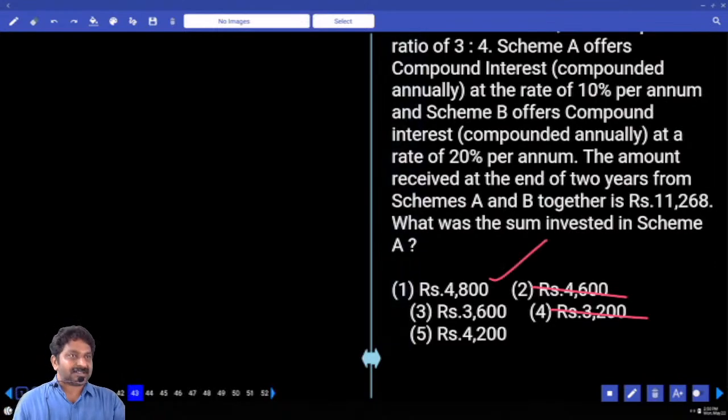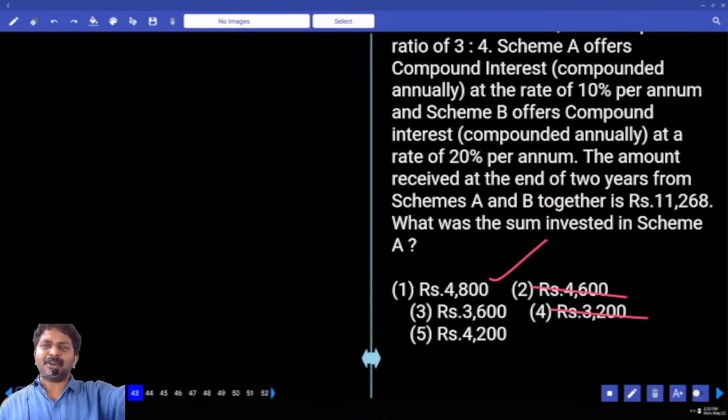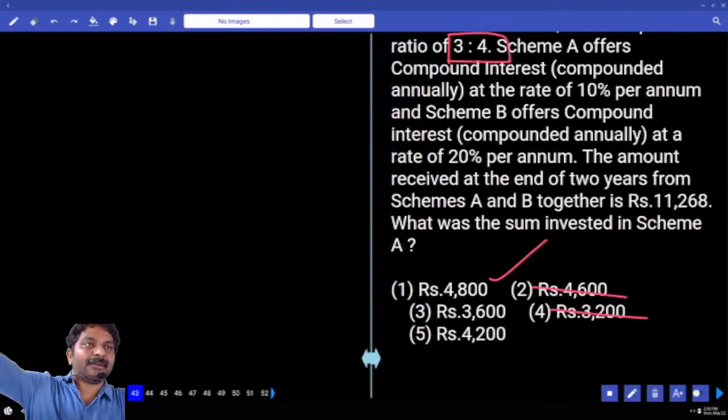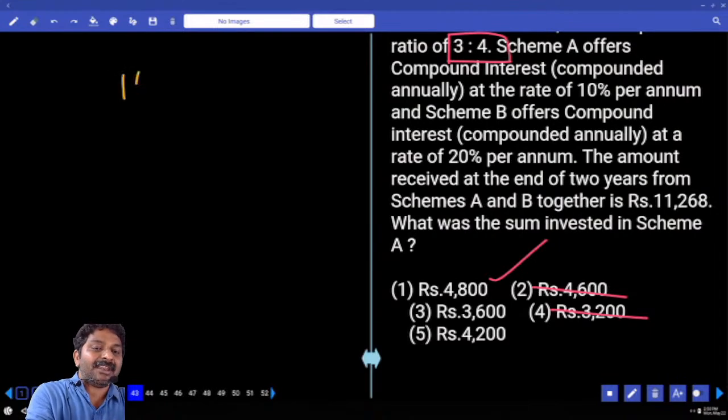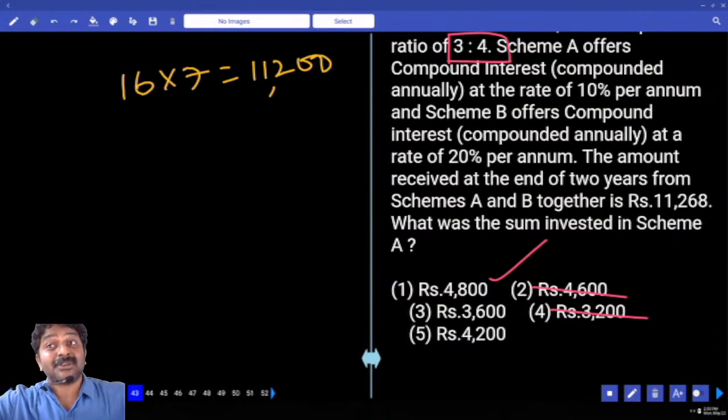If this is 3 parts, what is 1 part? 1600. Forget about the 2 zeros, I don't worry. So 1 part is 16. Total how many parts do we have? 7 into 16, which is equal to 112. That means the principals in both schemes together are 11,200, and to that we need to add interest also.